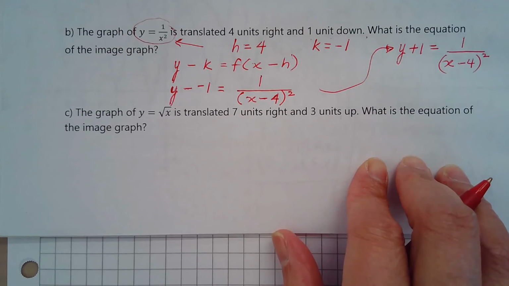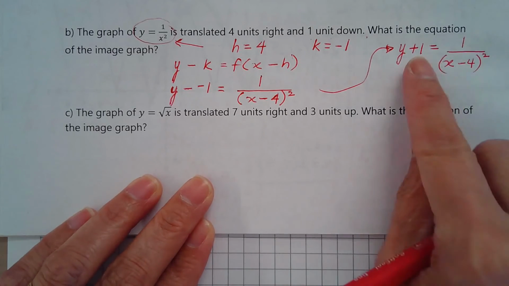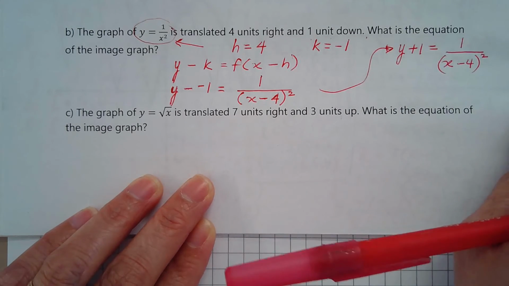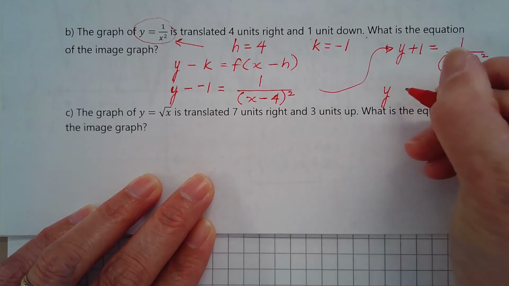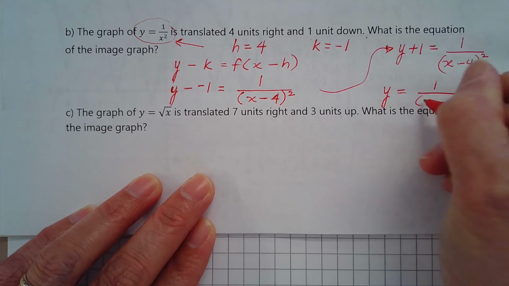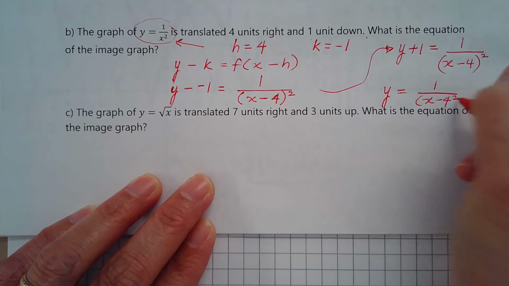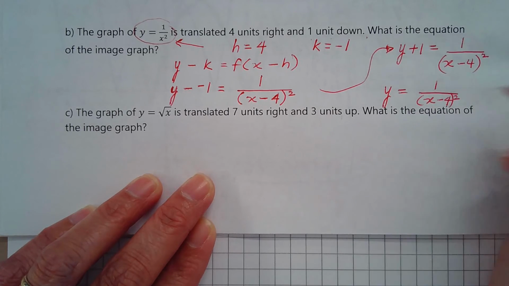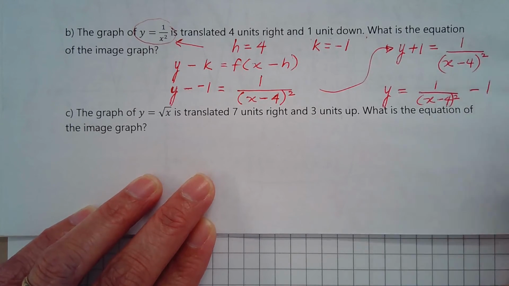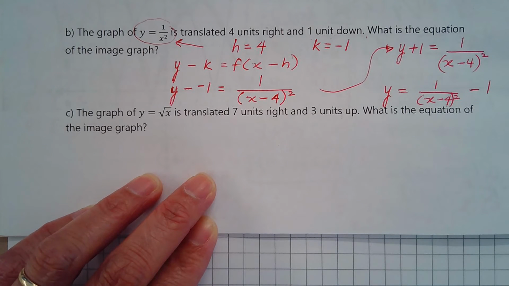Now if we want the y isolated, we can take this plus 1 to the other side. We can say y equals 1 over (x minus 4) squared, oops, brackets, minus 1. So it's not x squared minus 4.